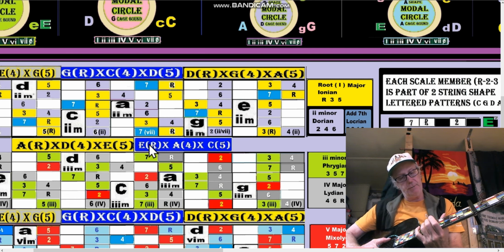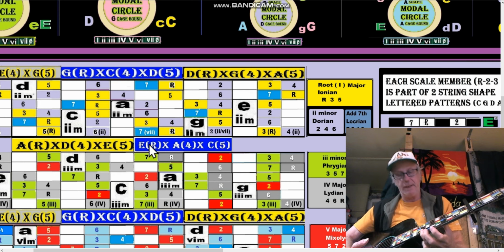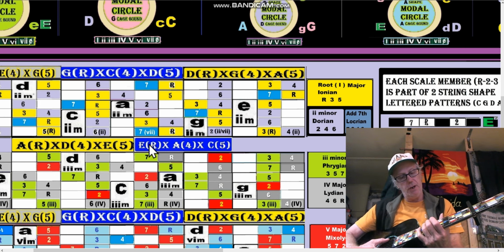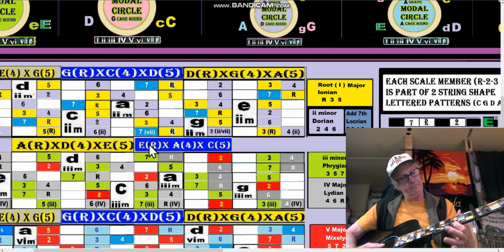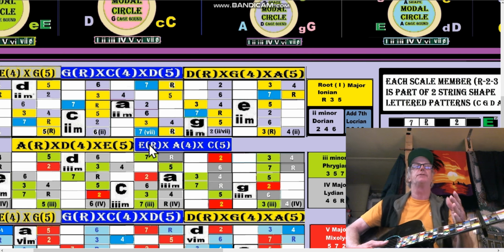So for a C, we would go, and then from here we would go. That's cage bound arpeggio. Open arpeggios like that. So we went across cages.